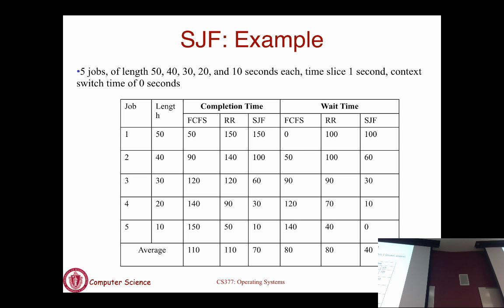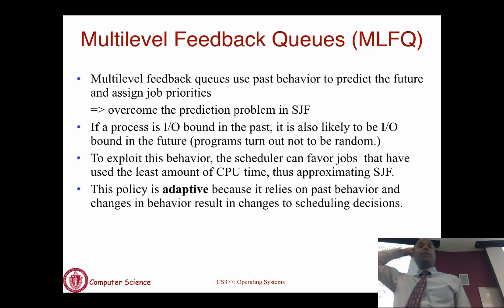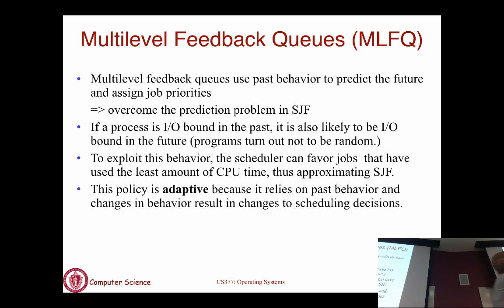Okay. So we will look at the next policy for a little while, and then we'll continue that next time. We have now looked at 3 policies: first come, first serve, round robin, and shortest job first, and its preemptive counterpart, shortest remaining time first. There are some good things about shortest job first. It has low waiting times. That's a good thing because if you are interactive in nature, if you have any mouse clicks or any input, you will get to run quickly because the wait times are lower.